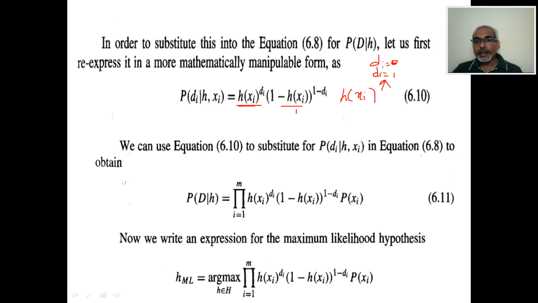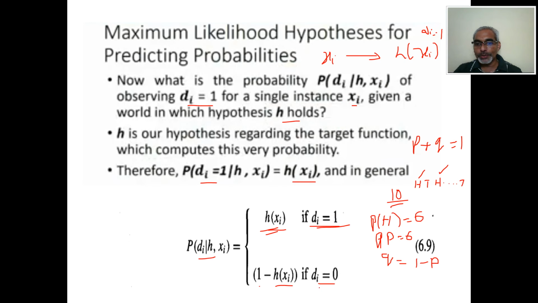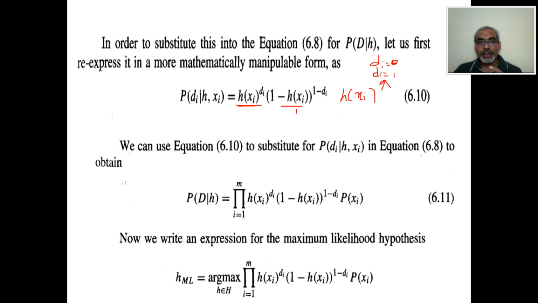In the second term, di is 0, and 1 minus 0 is 1. So 1 minus h of xi to the power of 1 is 1 minus h of xi. So when di is equal to 0, we get the same, 1 minus h of xi. In the next step, mathematically, we are rewriting that equation in this particular form.